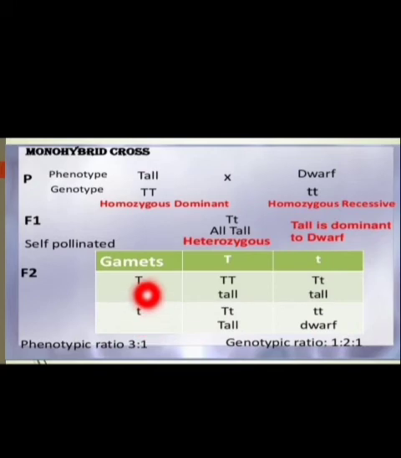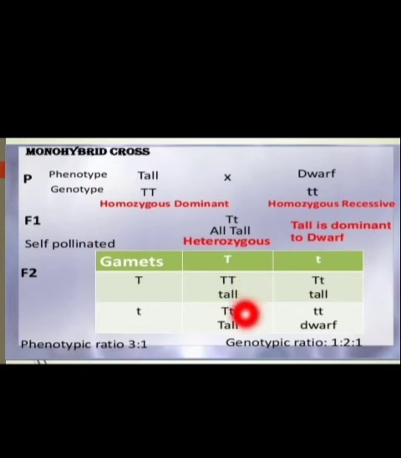Capital T crossed with capital T forms capital T. Capital T crossed with small t forms capital T, small t. Again capital T crossed with small t forms capital T, small t. And small t crossed with small t forms small t.